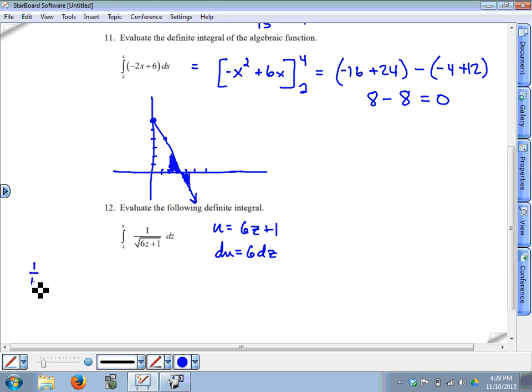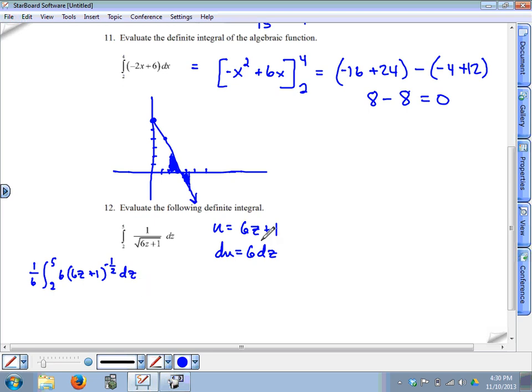This is going to be 1/6 times the integral from 2 to 5 of 6. Now I'm going to rewrite this. Instead of a square root, I'm going to give it a power of 1/2, and then I'm going to move it up to the numerator and give it a power of negative 1/2. So this is going to be parenthesis 6z plus 1 to the negative 1/2 dz.